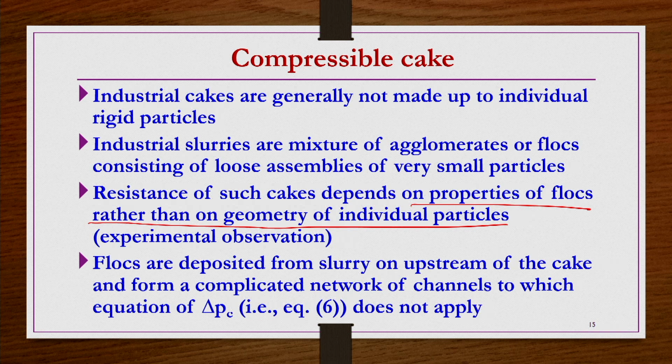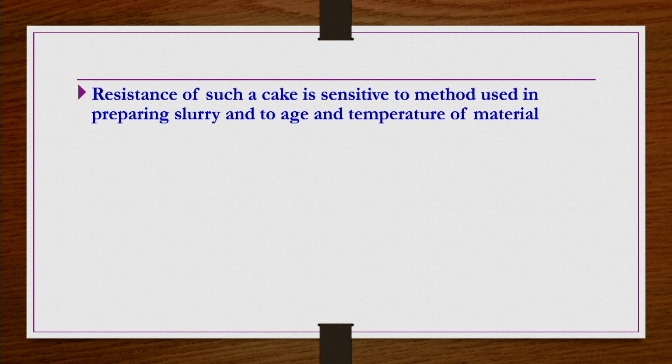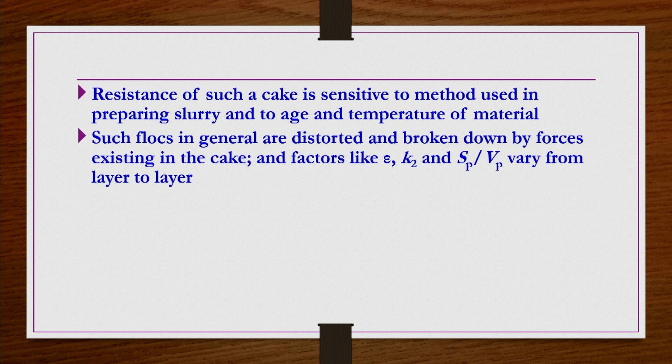And flocs are deposited from a slurry on the upstream side of the cake and form a complicated network of channels to which the equation of delta Pc does not apply. However, resistance of such a cake is sensitive to the method used in preparing the slurry, the age of the slurry, and the temperature of the material applied for the filtration process.